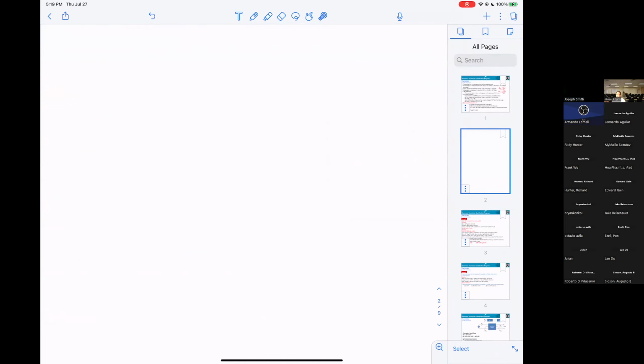Okay, now I will try to give you a little more detail. This is an amplifier.